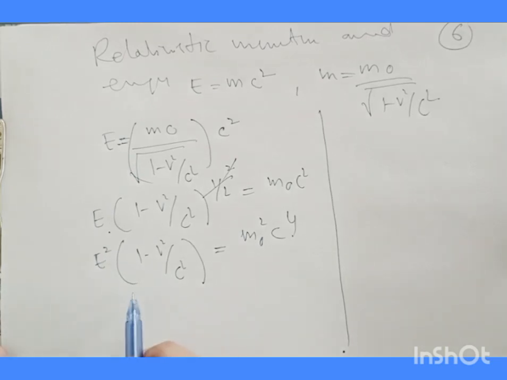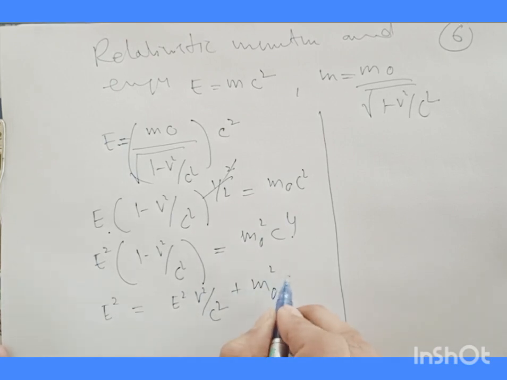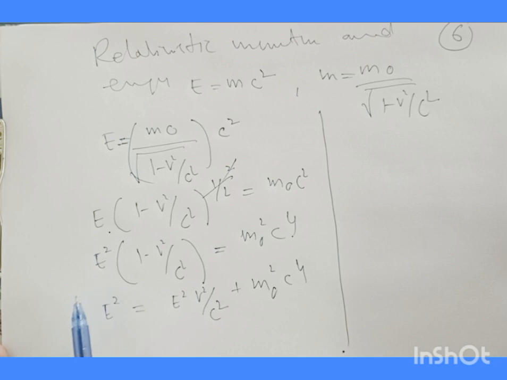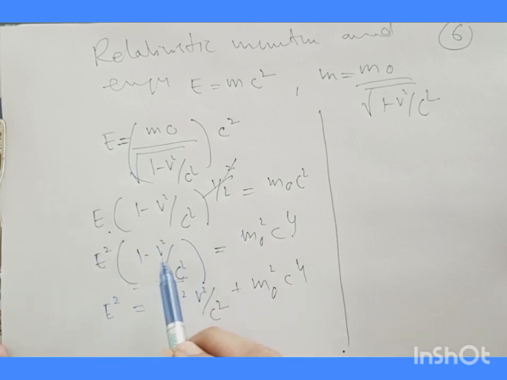Now, let me break down this equation. So we will have E square is equal to E square v square by c square plus m naught square c to the power of 4. What I have done is multiply this bracketed term with E square, and transfer this E square v square by c square to the right hand side of this equation.